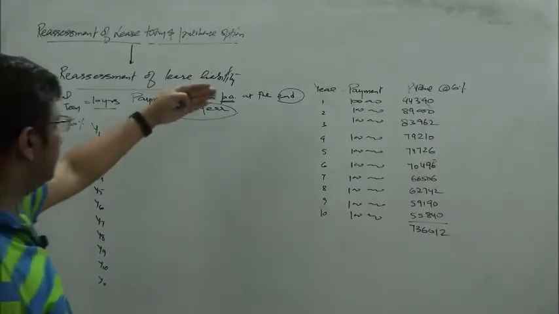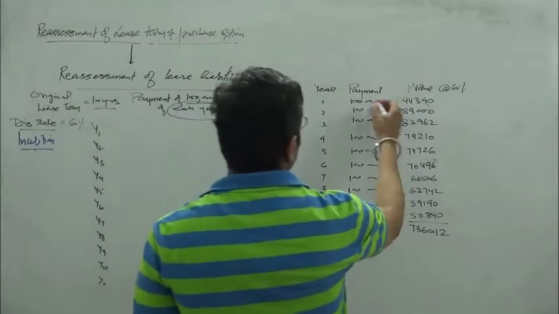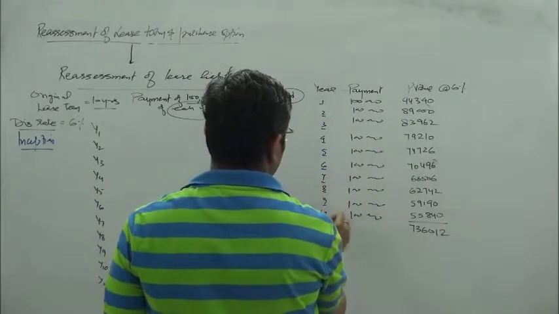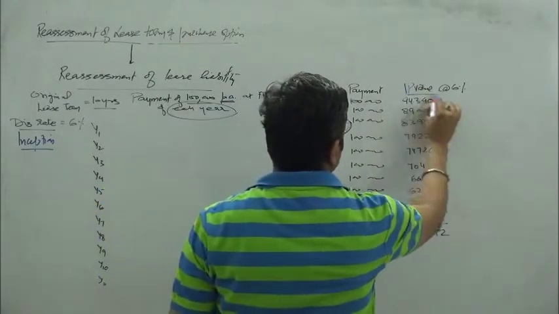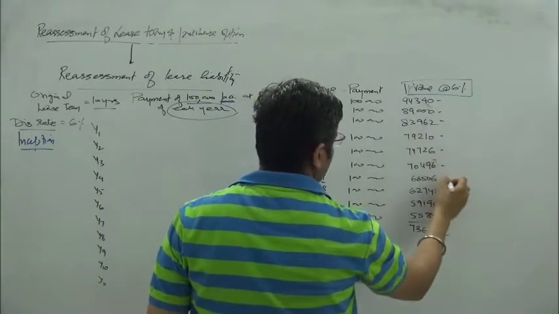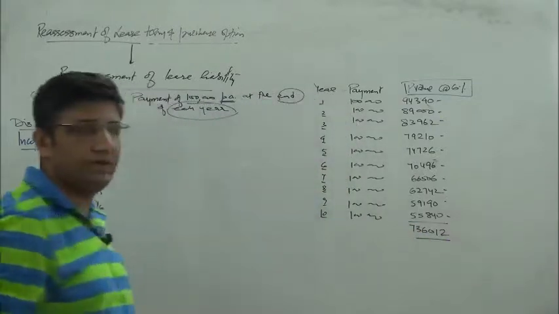Effectively, we are saying that annually there are payments being made of 100,000 each, and taking the discount rate of 6%, we have achieved these many values, the sum total of which is 736012.